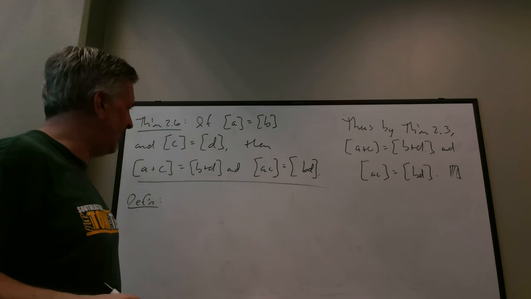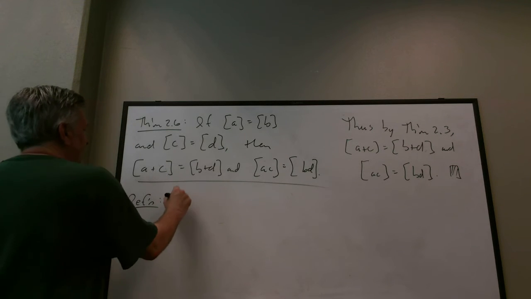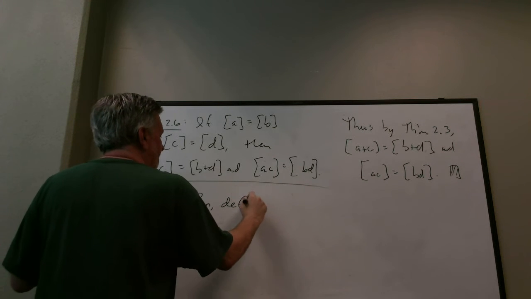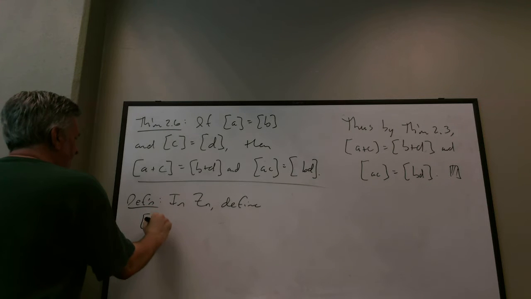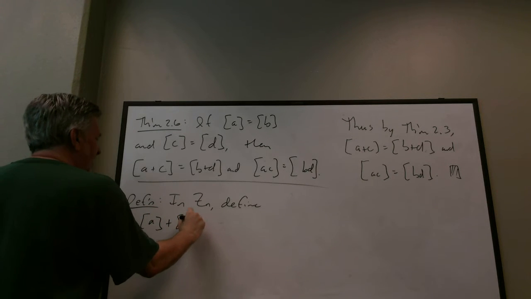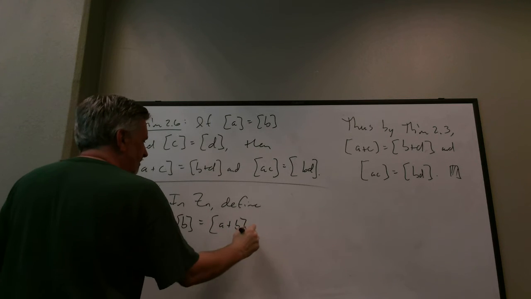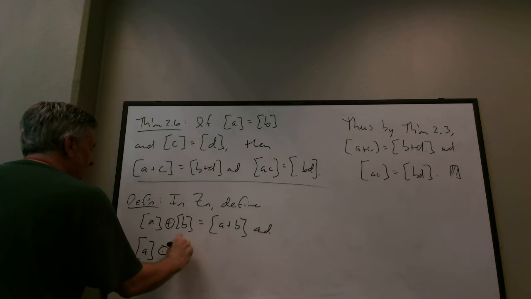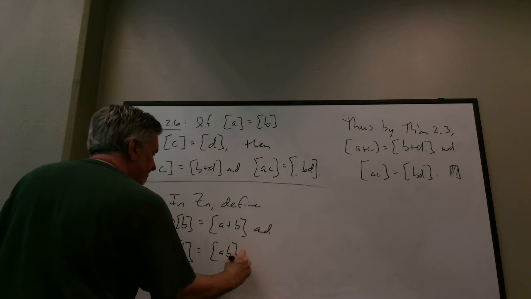I didn't do multiplication in my examples, but we can define an addition and multiplication on equivalence classes. So in Zn, right, those are our equivalence classes, modulo n, define the class with A plus the class with B to be the class of A plus B, and the class with A times the class with B to be the class AB.